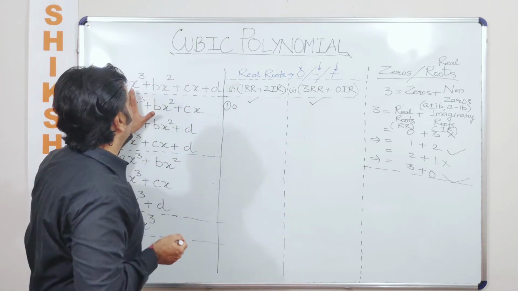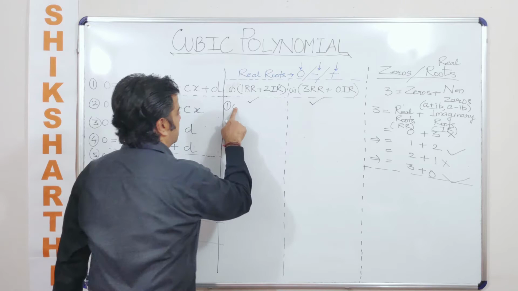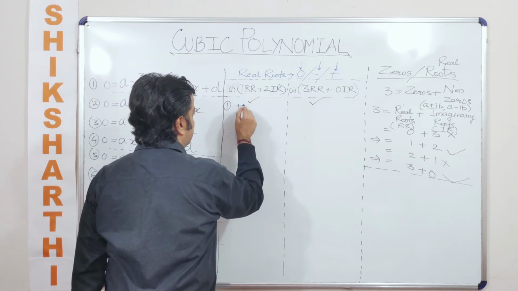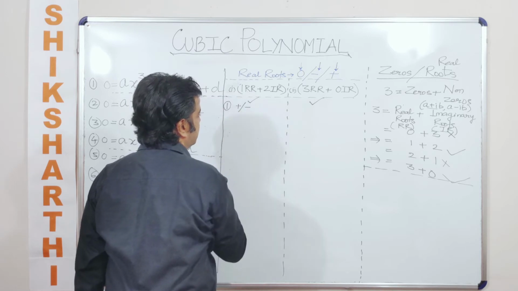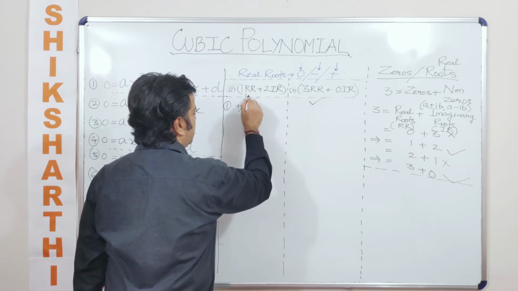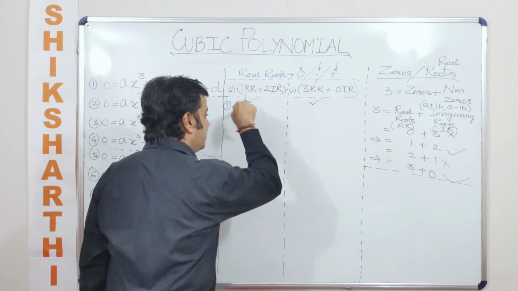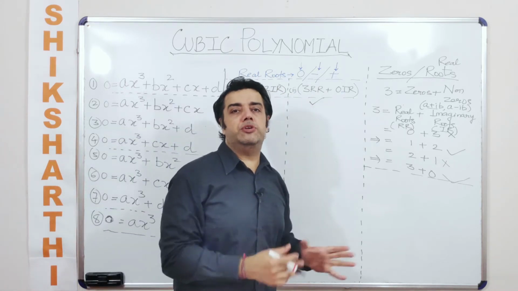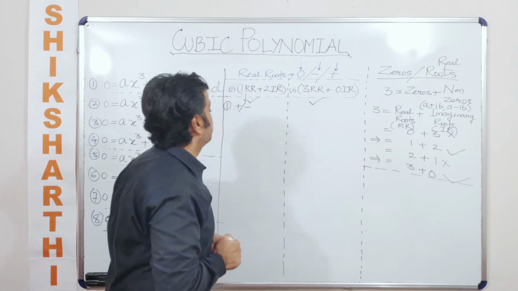Can I have one of the roots here as 0? We'll see to this. Can I have a positive root here? Yes. Can I have a negative root here? Yes. So please keep in mind, we talk about positive, negative and 0 only when we talk about real roots. This discussion will not come into picture when we are talking about imaginary roots.